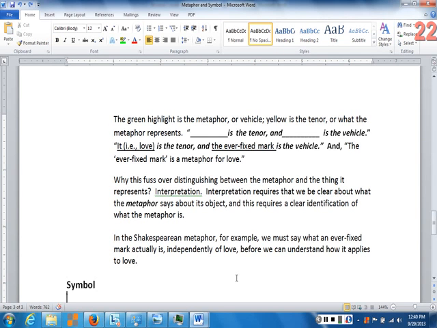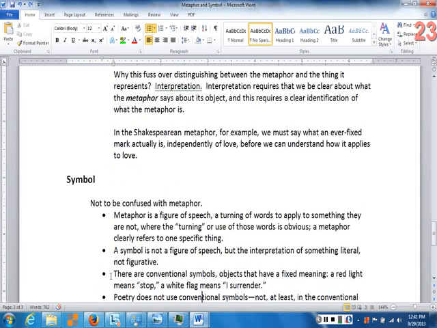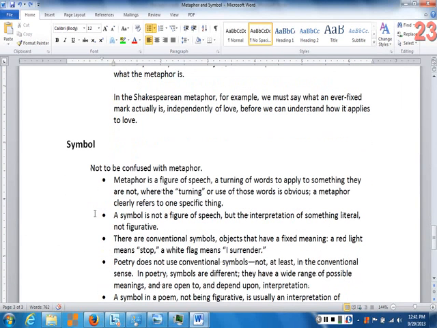Okay, enough. Let's go on to symbol. First of all, a symbol is not to be confused with metaphor. Okay? So let's go through these bullets here. Bullet number 1, a metaphor is a figure of speech, meaning that it is a turning of words so that they no longer are meant literally, to apply to something they are not.